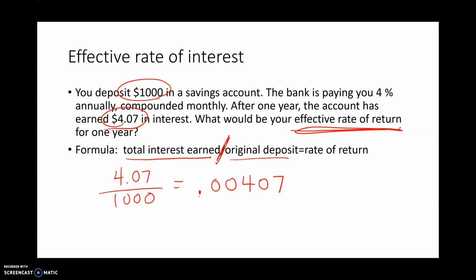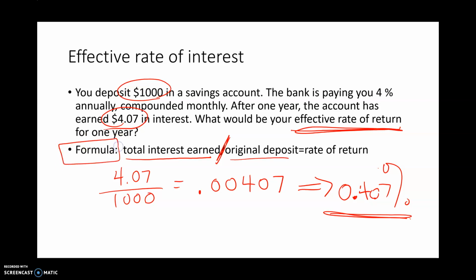Well, in this problem, they only earned 0.407%. Guess what? You need to stay away from savings accounts that only earn you that much money. But the reason we're doing this problem is to show you the formula. So there's the formula for effective rate of interest.